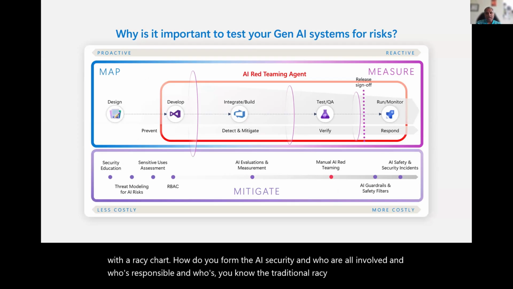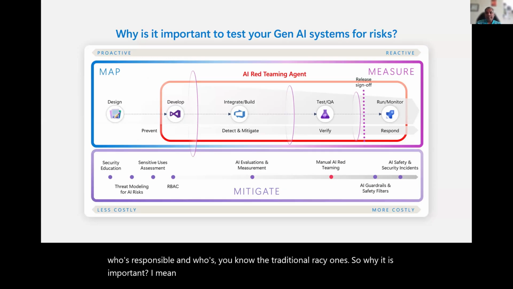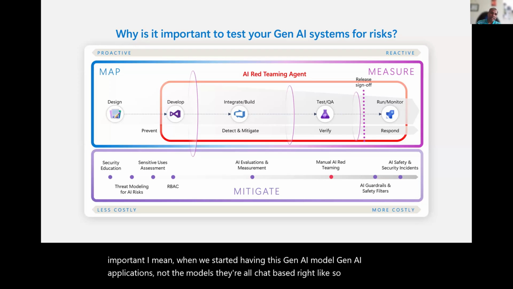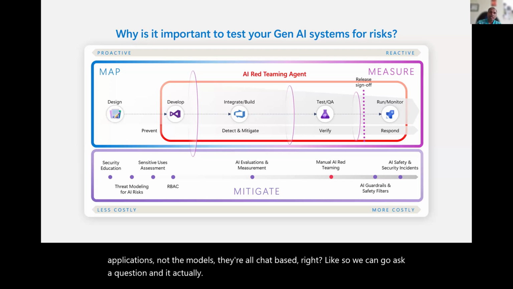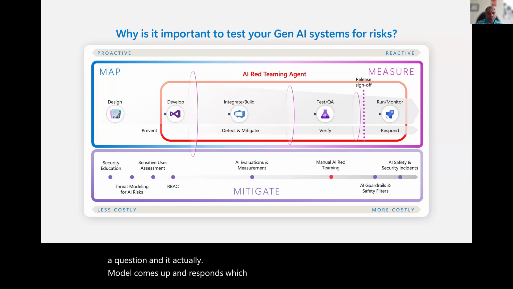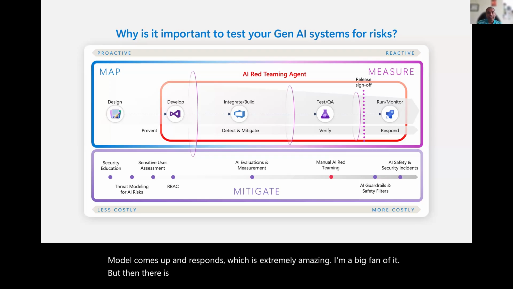So why is it important? When we started having Gen AI applications, not the models, they're all chat based, right? We can ask a question, and the model comes up and responds, which is extremely amazing. I'm a big fan of it. But in any science there is good and there is bad. Then people started panicking.